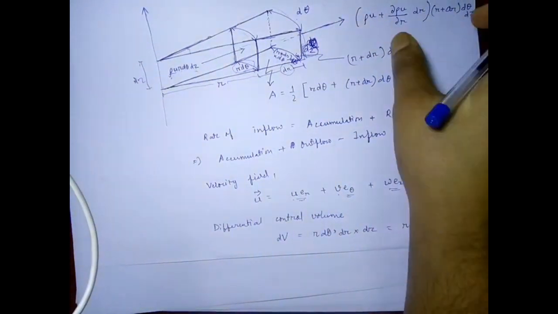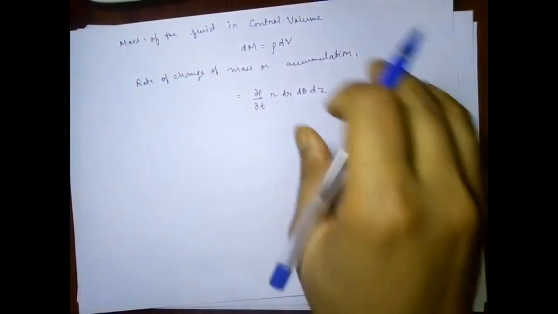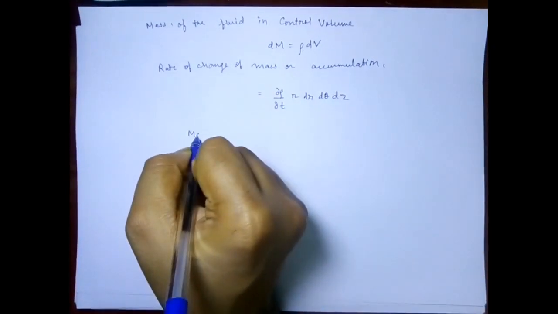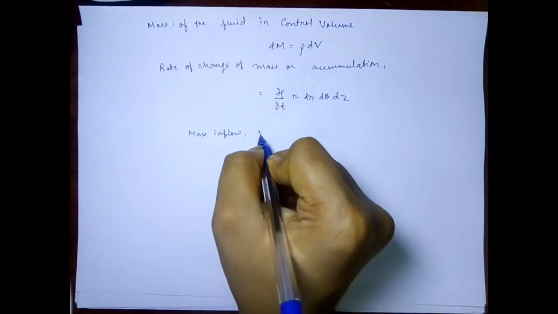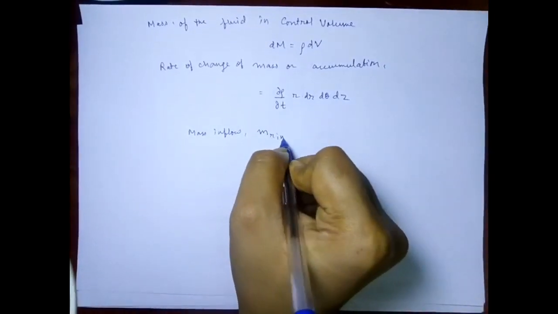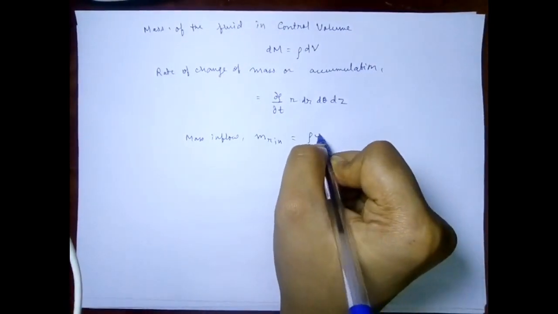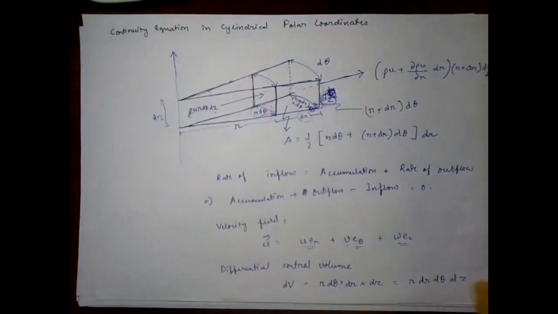If we subtract these two, this will be the accumulation. Also, the mass inflow, suppose it is m_r in, is equal to rho u r d theta dz, as I have already shown in the diagram.